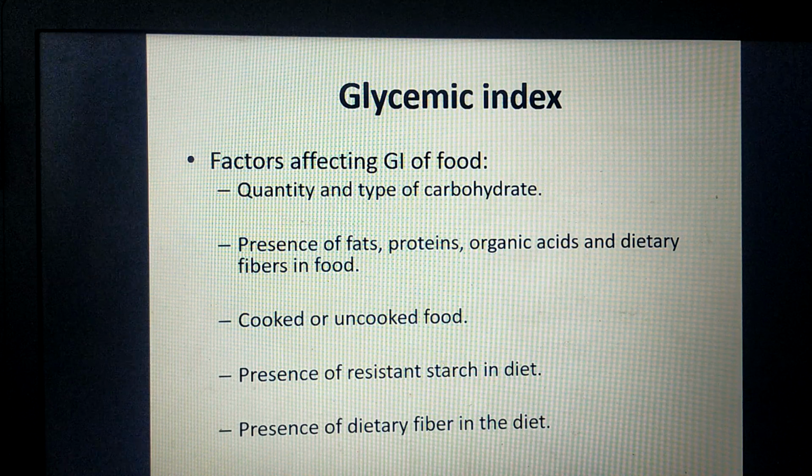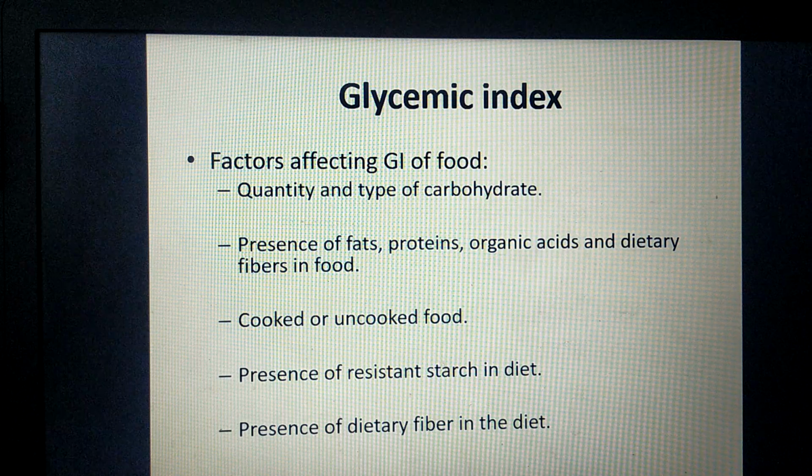And again, the type of carbohydrate is also important, whether you consume monosaccharide, disaccharide or polysaccharide. Monosaccharide and disaccharide have high glycemic index because they are easily digested and absorbed, and blood glucose rises suddenly. But if you take complex starch or polysaccharides, they are slowly digested and the blood glucose level rises steadily.